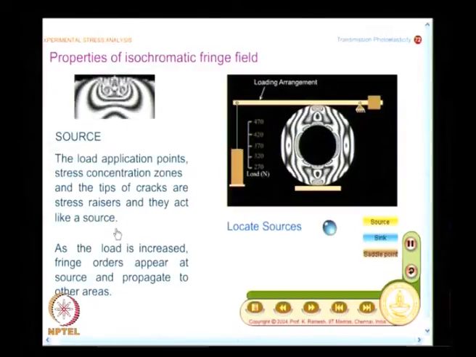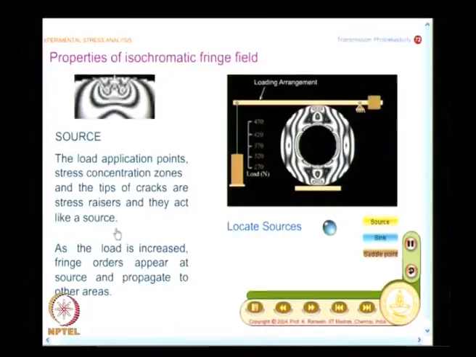So, what happens is, when you increase the load, the fringes start to appear from this source and move out as the load is increased. So, these are the fringes that come first when load is applied. As the load is increased, fringes originate, and if you label the fringe order, the fringe order moves with the fringe as the load is increased.